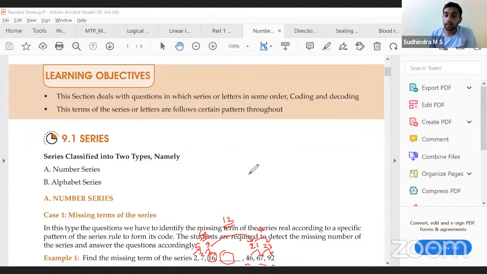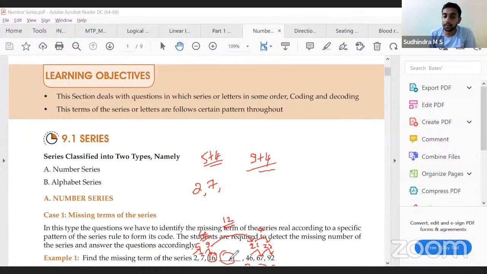So what they are doing, they are increasing the difference by 4 in each term. From 2, they increase 5. Next term, they increase 5 plus 4, 9. So obviously, what should be the next one? Increase of 13, that is 9 plus 4.